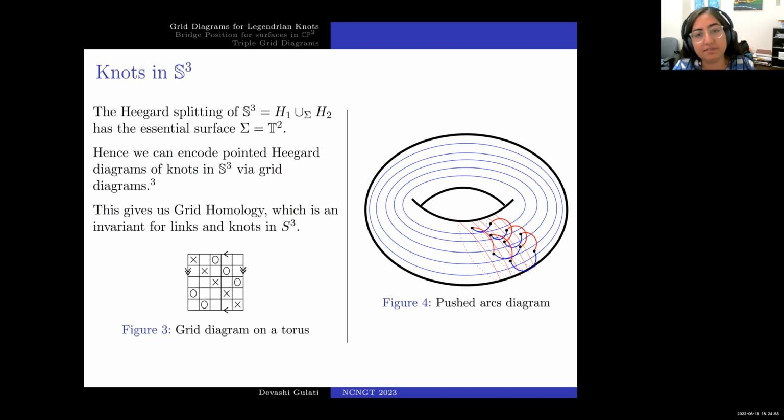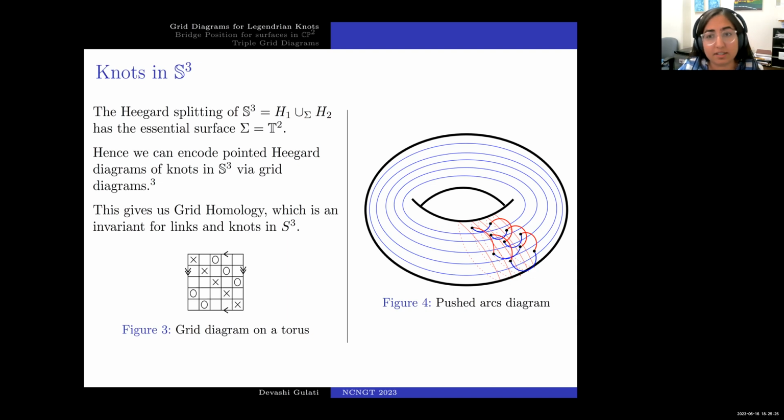And the grid diagrams that we have, we can put them on a torus, as shown in the diagram on the left. Hence, we can encode pointed Heegaard diagrams of knots in S3 via grid diagrams, as showcased on the right. This gives us grid homology, which is an invariant for links and knots in S3.